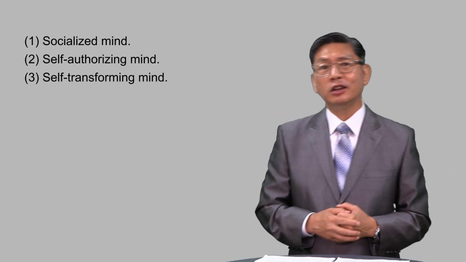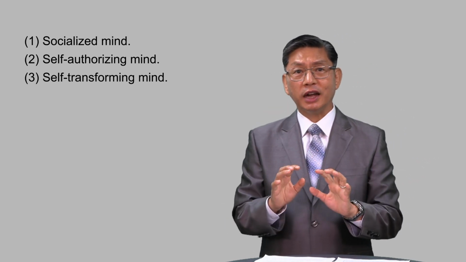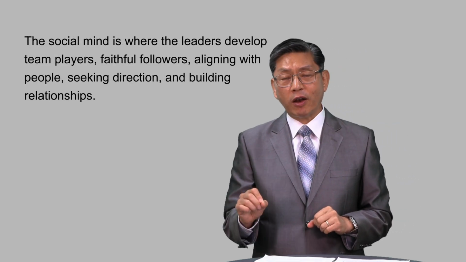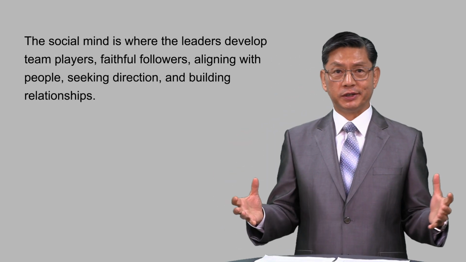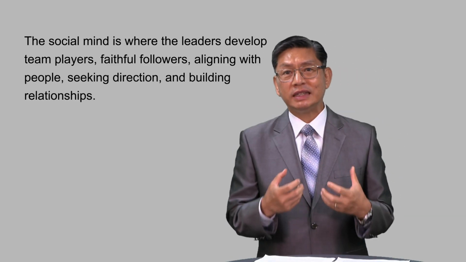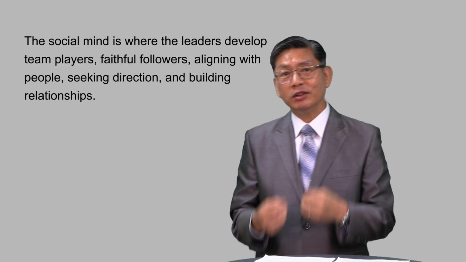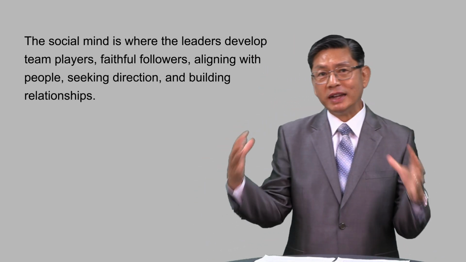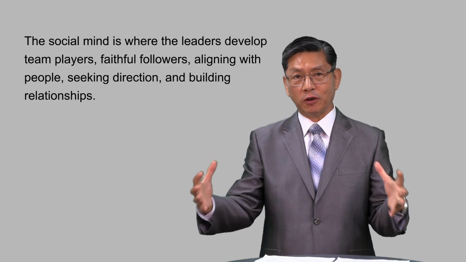Okay? So first, socialized mind. In a socialized mind is where the leaders develop team players, faithful followers, aligning with the people, seeking direction, and building relationship. This is actually the basic level of leadership development.